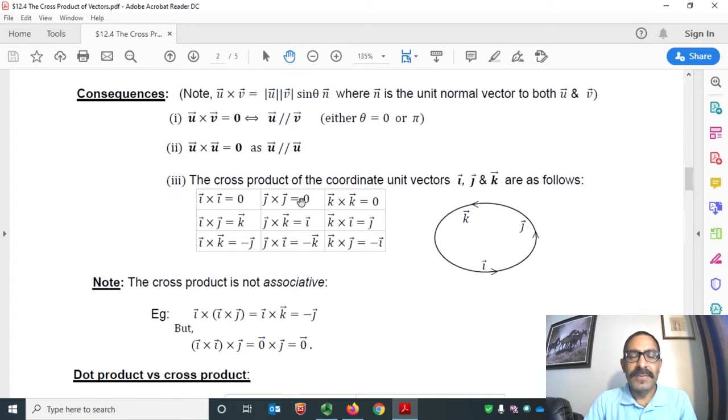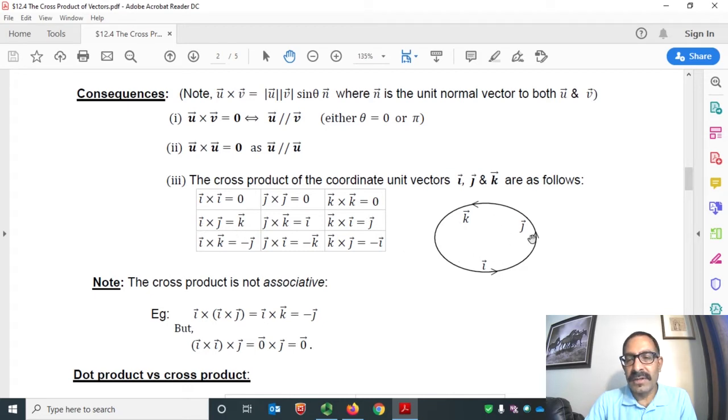Third, the cross product of the coordinate unit vectors, our standard unit vectors i, j, k. If I cross to itself, it gives us 0. i cross i is 0, j cross j is 0, k cross k is 0. And if I cross i and j, it gives me k.